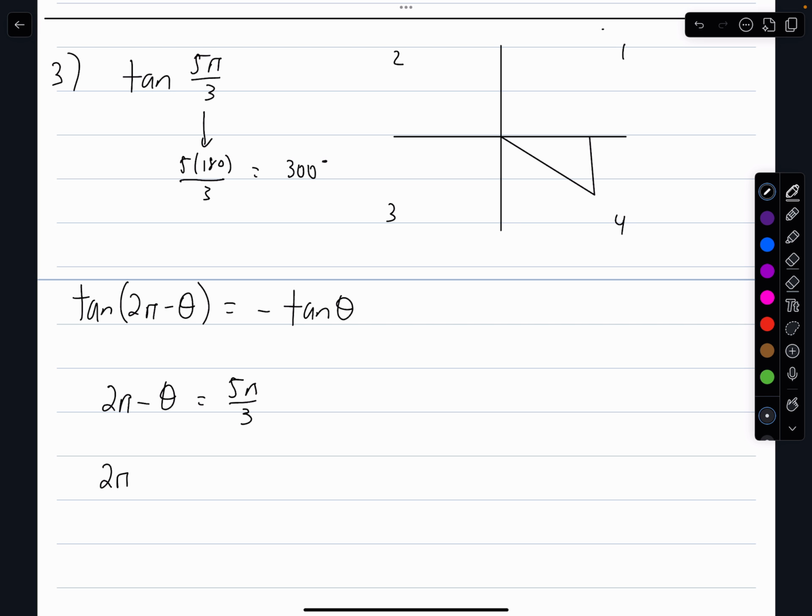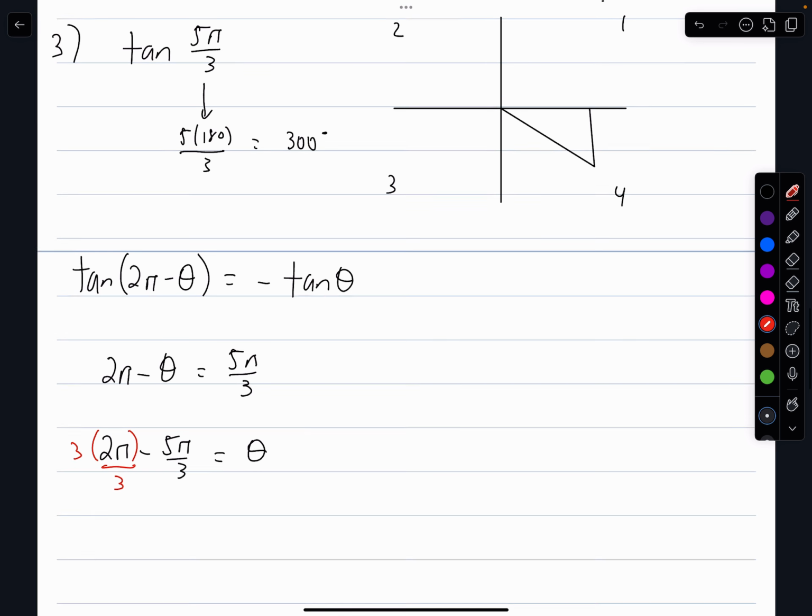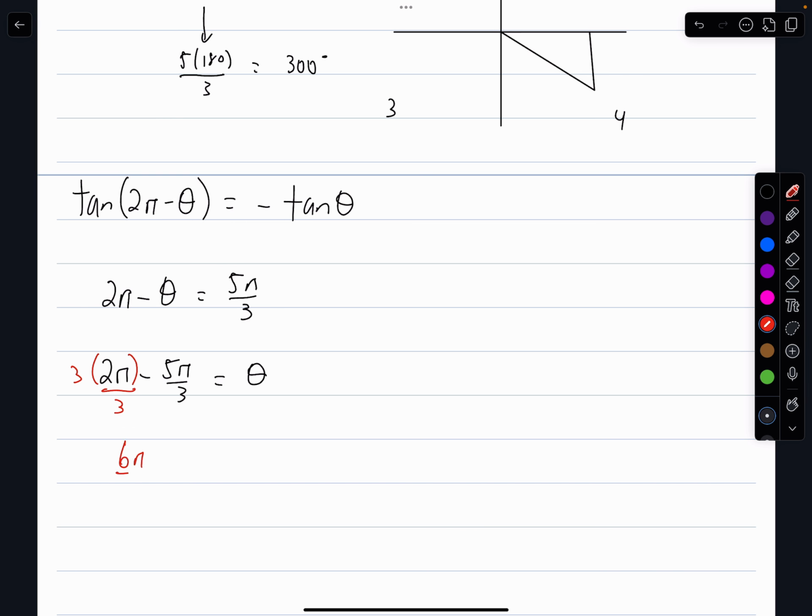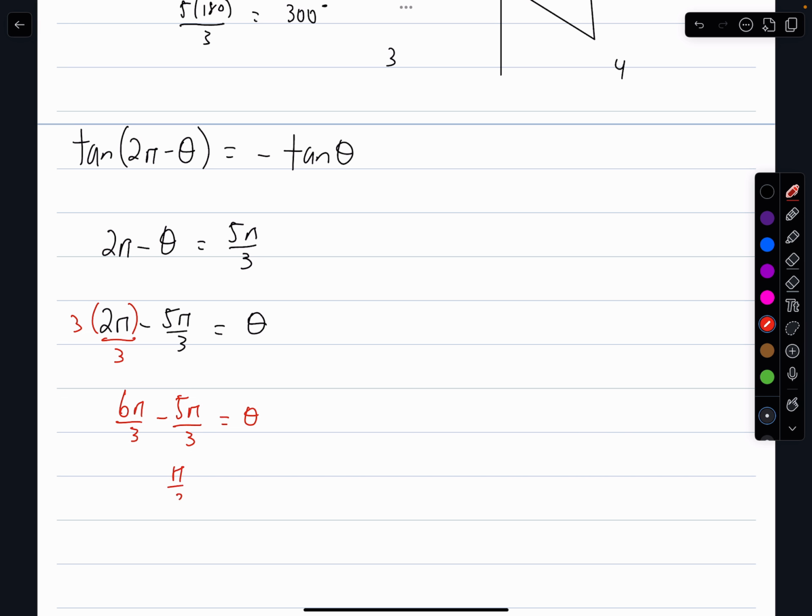So I'll get 2 pi minus 5 pi over 3 is equal to theta. And then from here, I multiply by 3, and we end up with 6 pi over 3 minus 5 pi over 3 is equal to theta, and then that gives me pi over 3 is equal to theta.